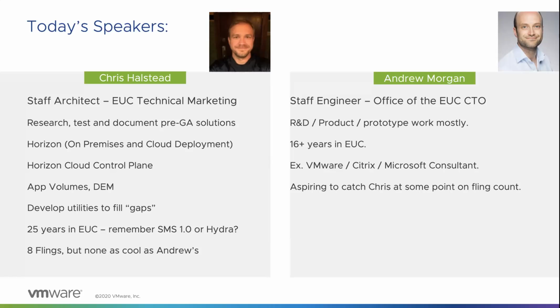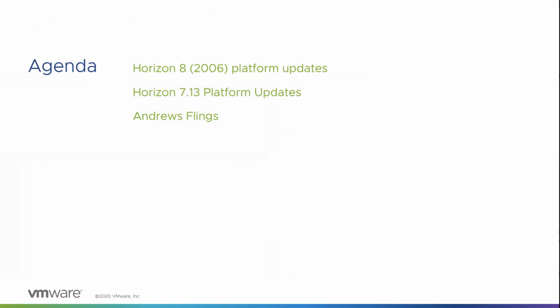My day-to-day job is mostly customer escalations and R&D work, developing prototypes and building features to put into future versions of Horizon. And I'm desperately trying to catch up on Chris and his Flings, but I'm failing miserably at the moment. So that's me. Yours are a lot bigger. Yeah, so the security team doesn't like me. I write products. Basically, awesome.